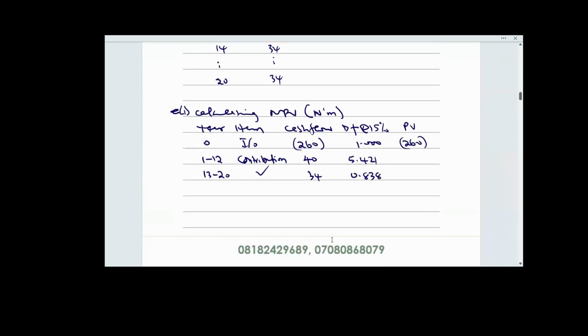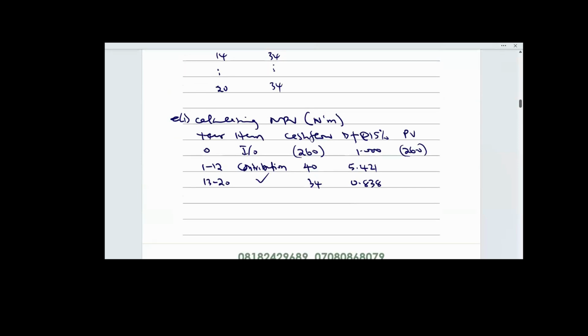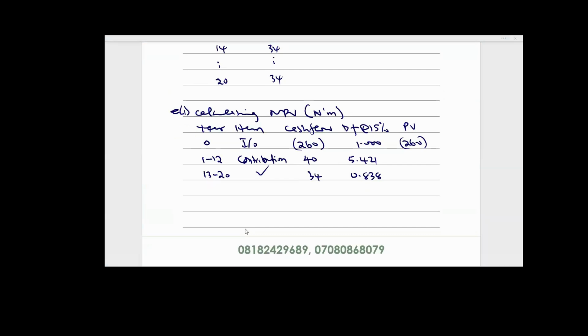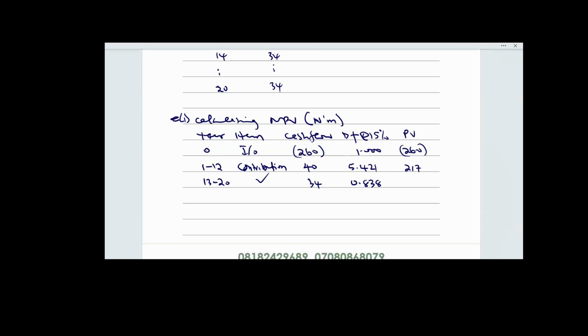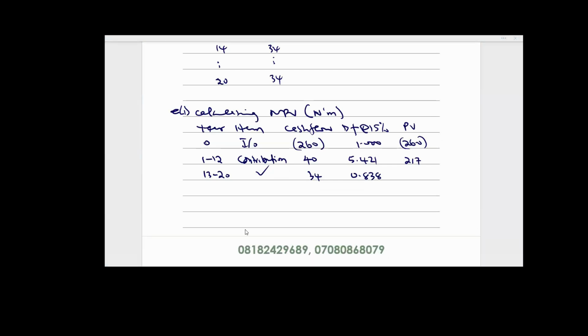What do you get? 216.84, that's 217. Then 34 multiplied by 0.838 gives 28.49, that's 28.